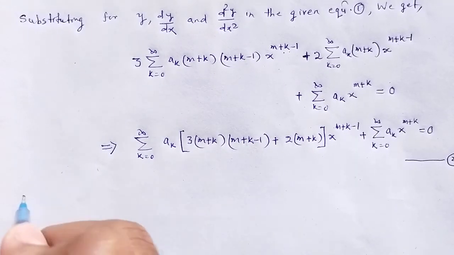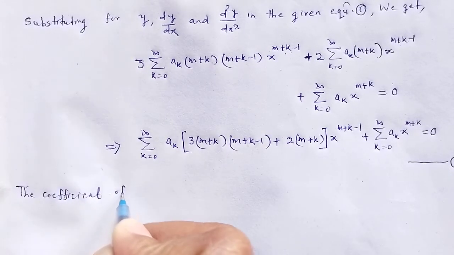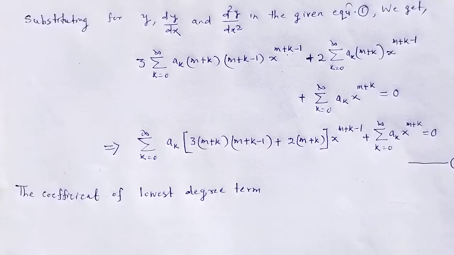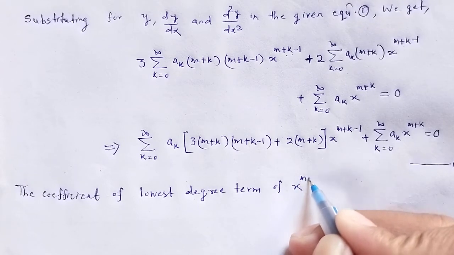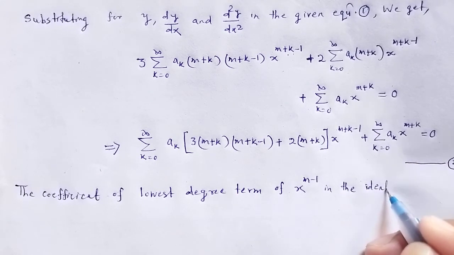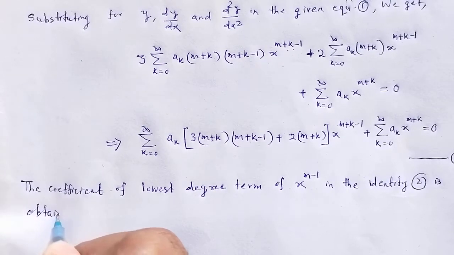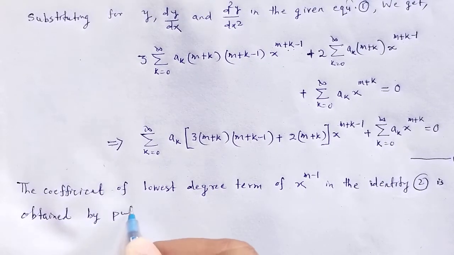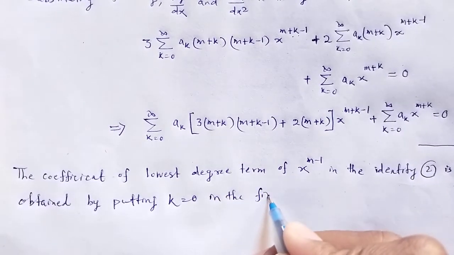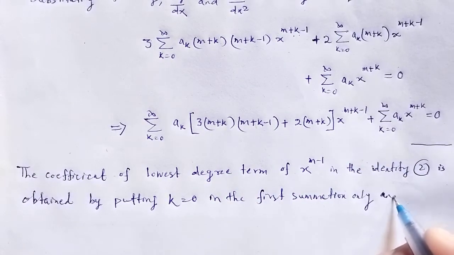So the coefficient of the lowest degree term of x to the power m minus 1 in identity 2 is obtained by putting k is equal to 0 in the first summation only and equating to 0.